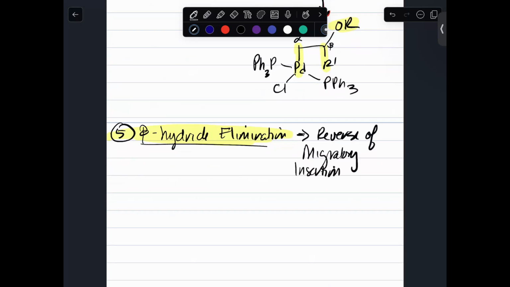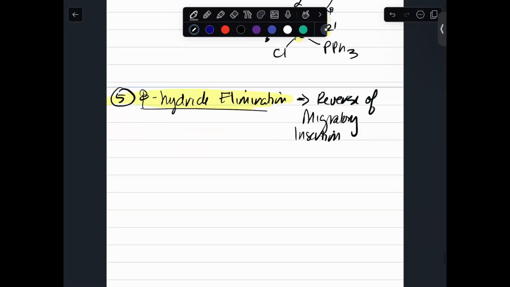The mechanism is the complete opposite of migratory insertion. So the arrows are just backwards now. So what do I mean by all of that?